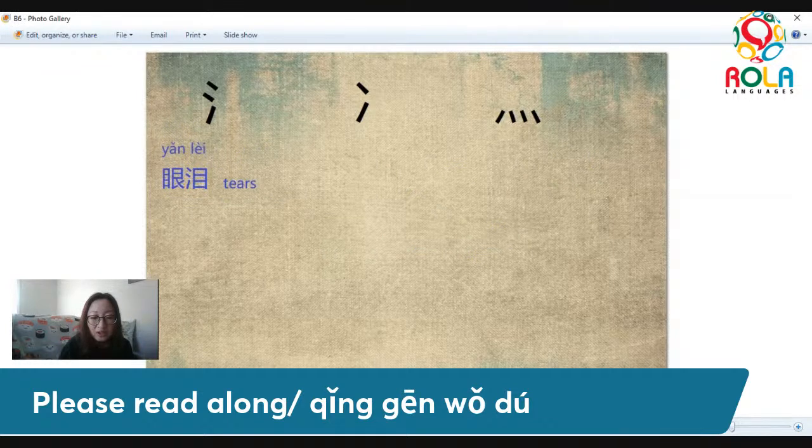Next one, let's look at this phrase. 请跟我读眼泪. So yan, you probably still remember it when we were learning the different body parts and facial features. Yan, it represents 眼睛.